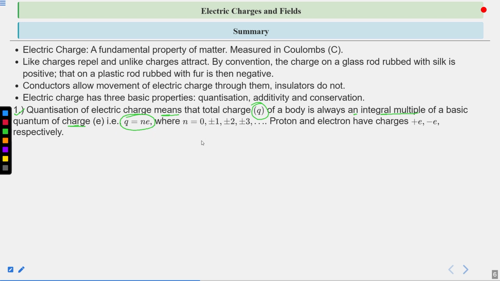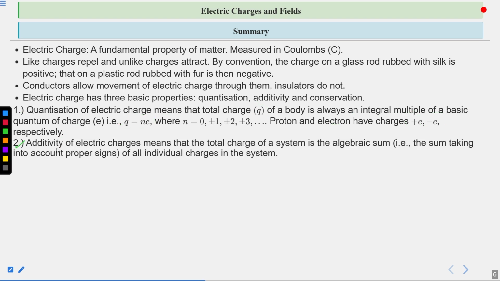What is the numerical value of e? 1.6 into 10 raised to the power minus 19 coulomb, and n is equal to 0, plus minus 1, plus minus 2 and so on. Proton and electron have charges plus e and minus e respectively.